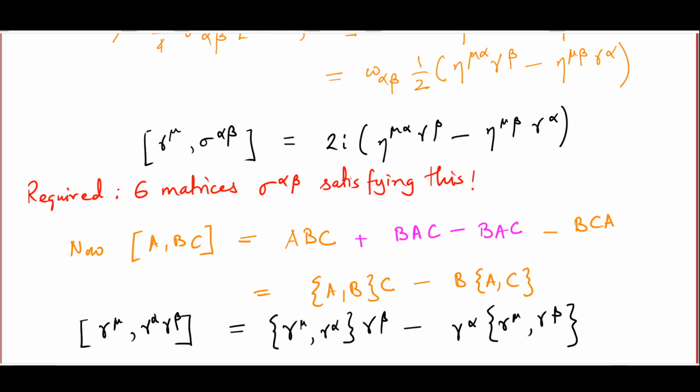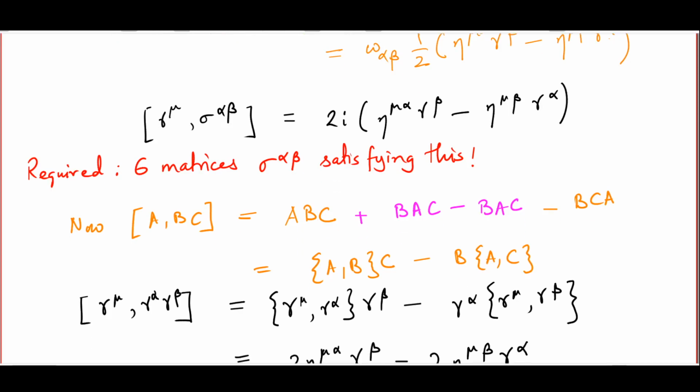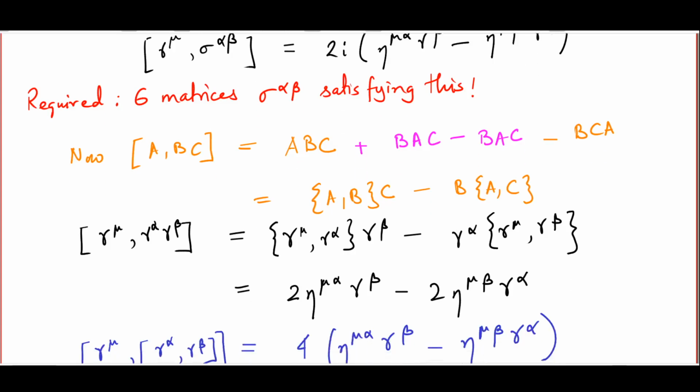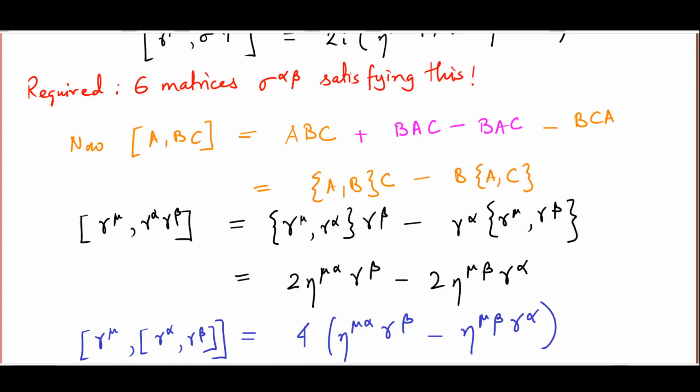According to the formula that we had just derived, it is the anti-commutator of gamma mu with gamma alpha times gamma beta minus gamma alpha times the anti-commutator of gamma mu with gamma beta. But these anti-commutators are, of course, the well-known Dirac anti-commutators, and that gives us twice eta mu alpha gamma beta minus twice eta mu beta gamma alpha, which looks almost exactly like what we really need.